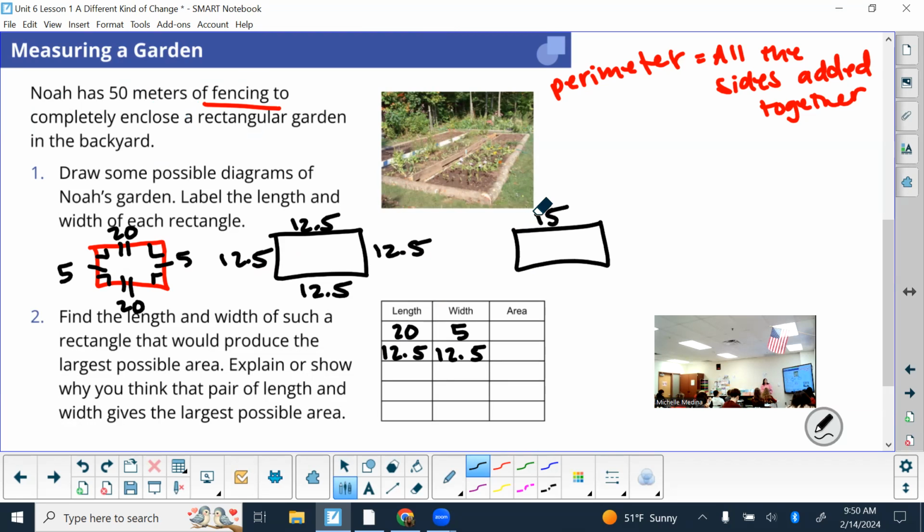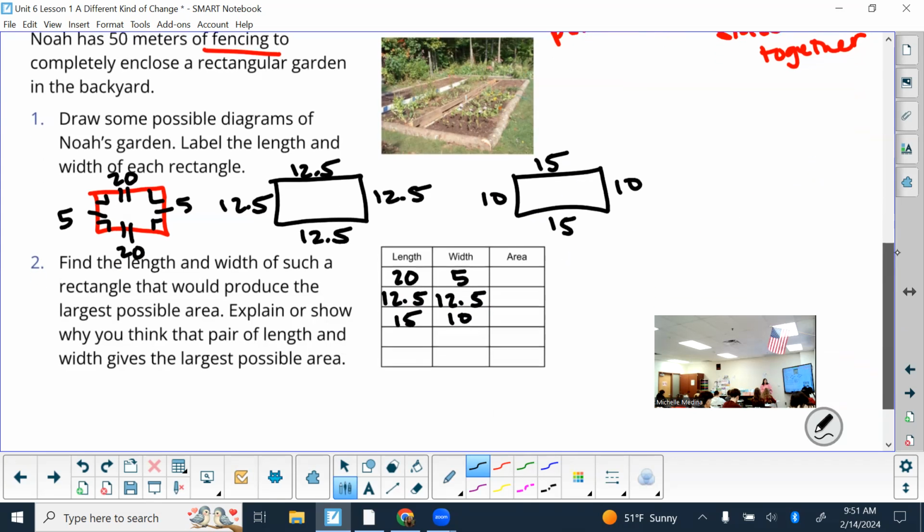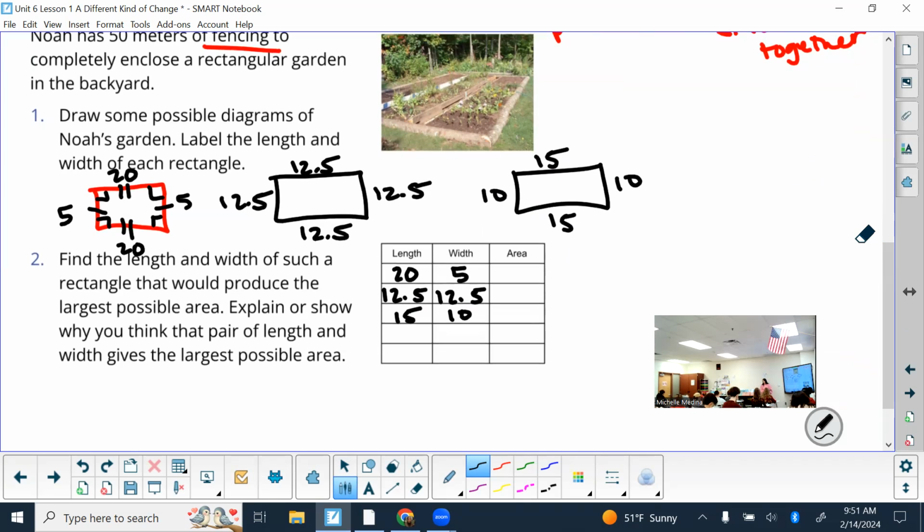Andre, give me another combination. 15 and 10. Good. When I add up all the sides, I do get 50, so that works. Jaden, give me another combination. Do you see maybe a pattern at all? Maybe that can help you, or just problem solve it the way that we've been doing before.